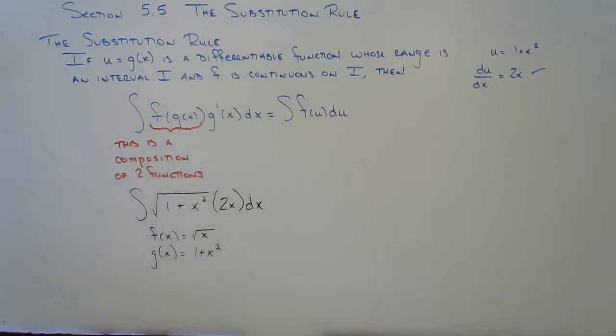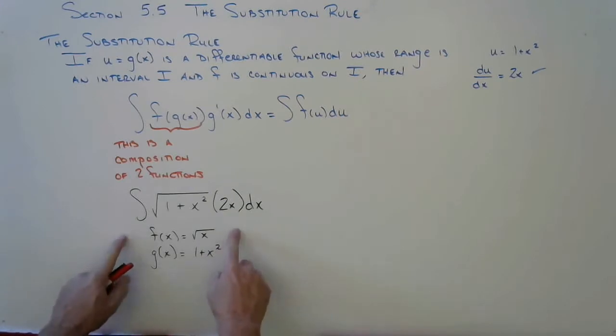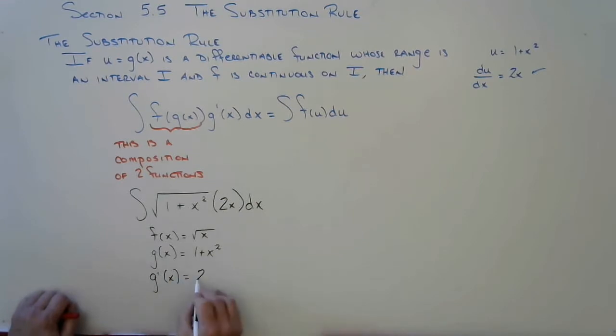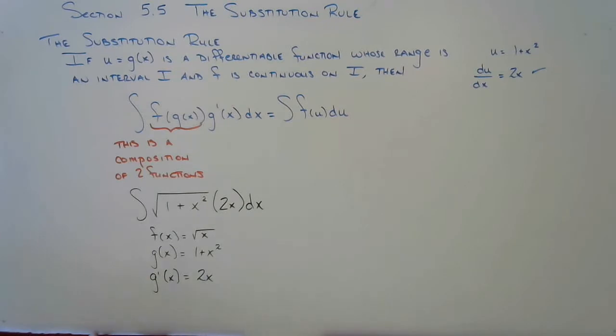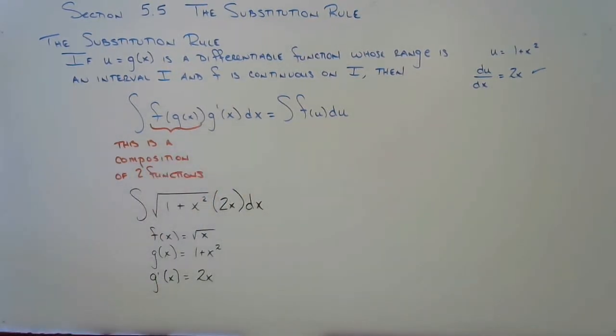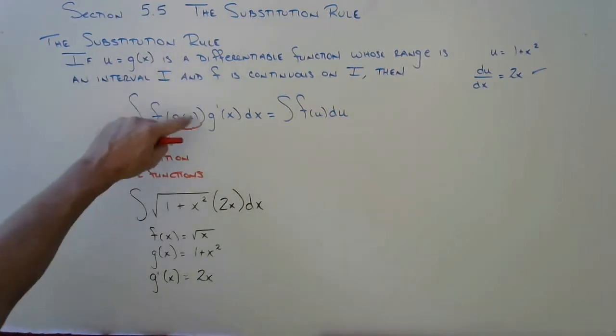That's the way the problem that we used as our introductory example was presented. Well, if we look at g, the derivative of g is indeed 2x. So this fits the format of what we have written up here under the substitution rule.